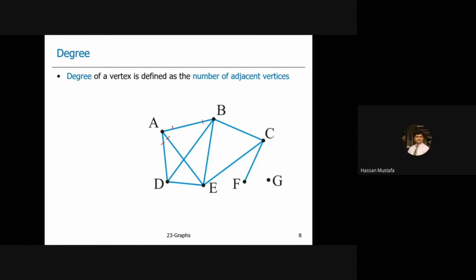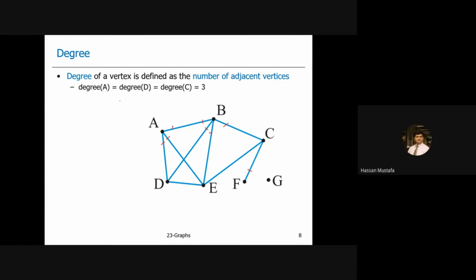For vertex B, this is 1, 2, 3, and 4. For vertex G, this is 0. For vertex F, this is 1. This is the definition of the degree, and this is how we calculate it. We just count the number of edges that are incident on a vertex.